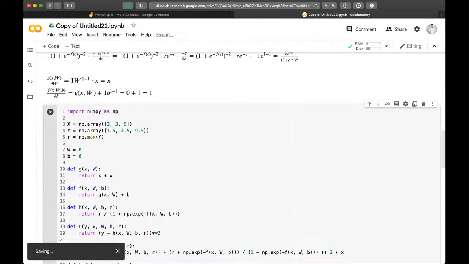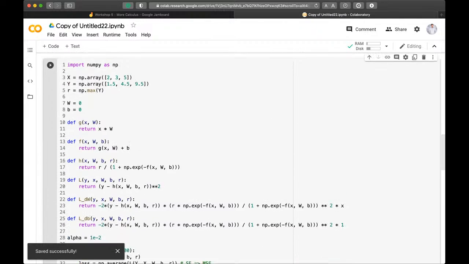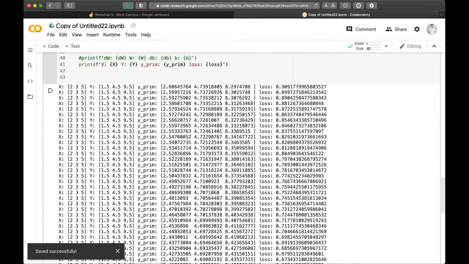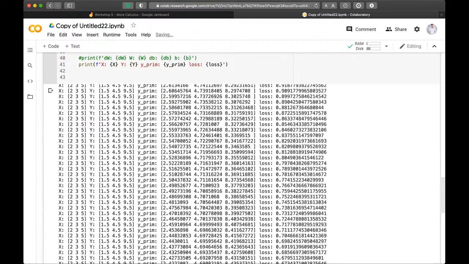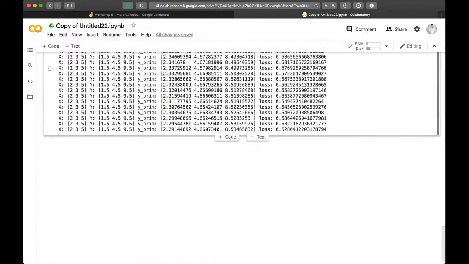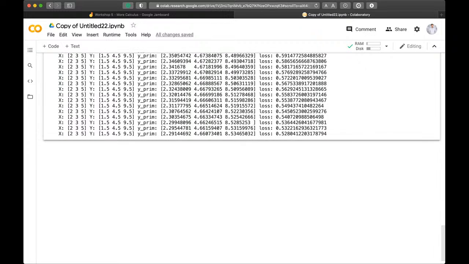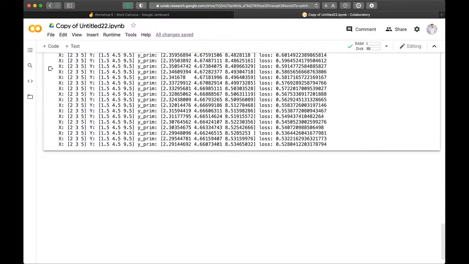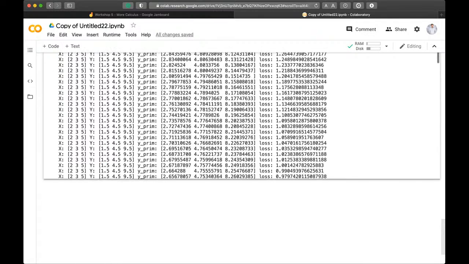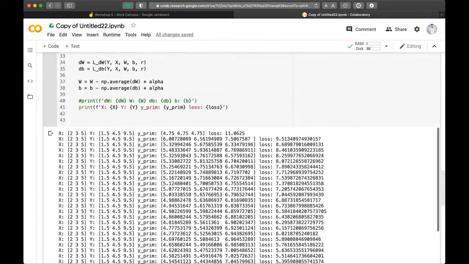Maybe we will start seeing bouncing, when the loss goes to the very bottom and then back. Actually we see very nice values. This is beautiful. See, the last predicted values are very close to the real, like 1.5. Okay, it's not very close, but it's much better than the very beginning where you predict for all of them the same value.